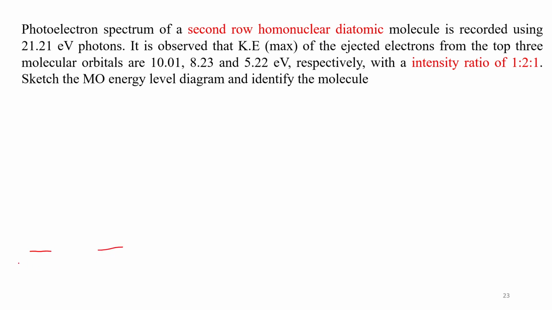The 1s we don't have to bother about. They form sigma 1s and sigma star 1s. Now with 2s there is sigma 2s and sigma star 2s, antibonding. Now there are three 2p.